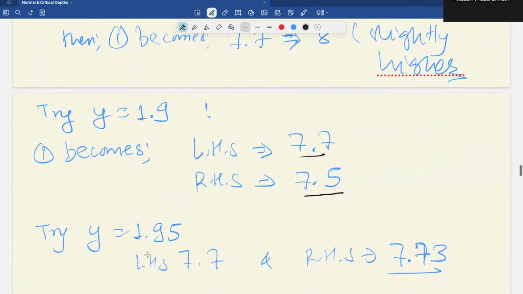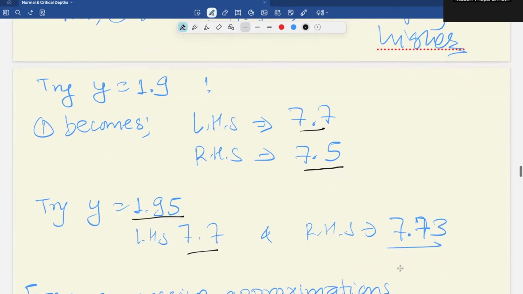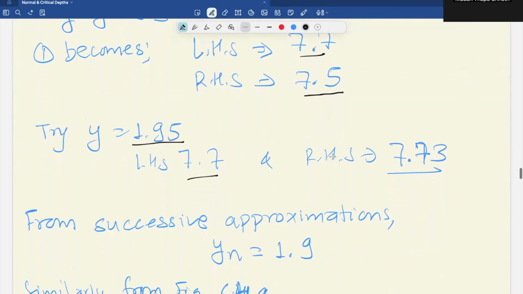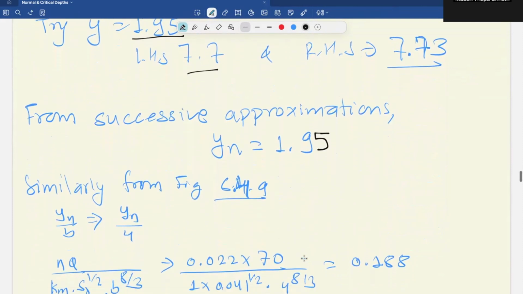So let us try y equal to 1.95. LHS is equal to 7.7, whereas RHS is equal to 7.73. So here LHS and RHS are close. So we can say that the value for normal depth, yn, will be 1.95.